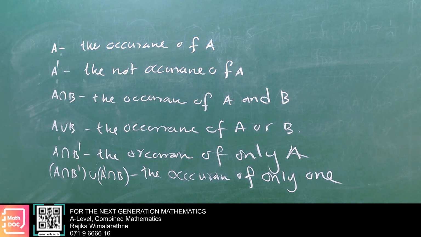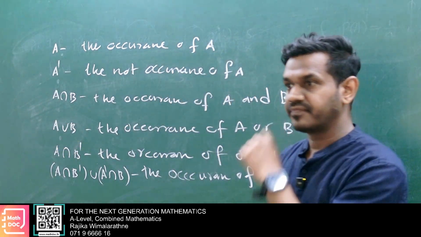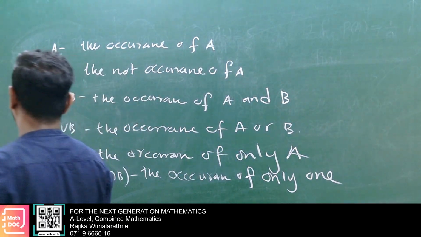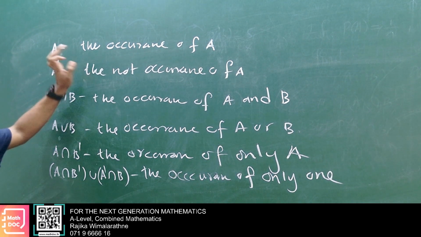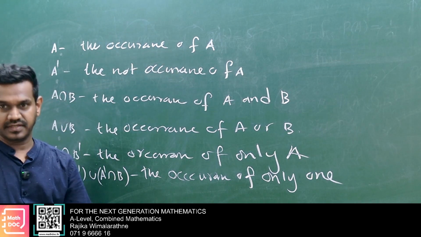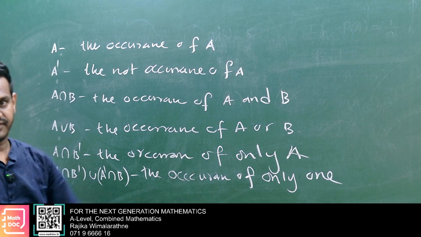Just write some. If you put the probability function here, P(A) means the probability of occurrence of A, and then the probability of not occurrence of A. Likewise, okay.